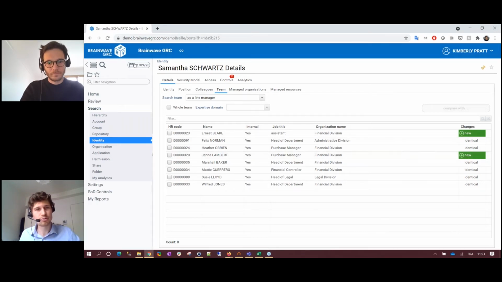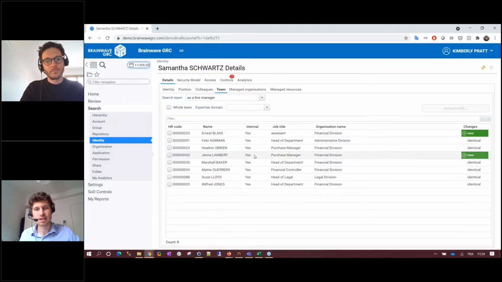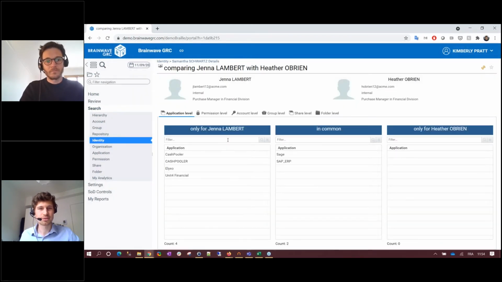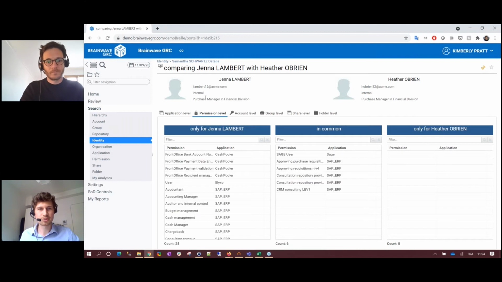Compared to the previous data ingestion, because those kinds of identity analytics tools work on snapshots of data, we can notice that there are two newcomers in the team. This is a good opportunity to compare the access of those two people. Very easy, in one click, you can compare the access between two people doing the same job.